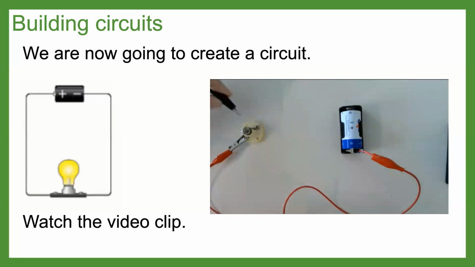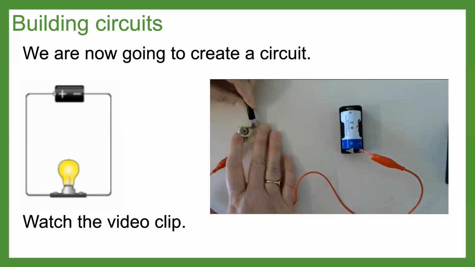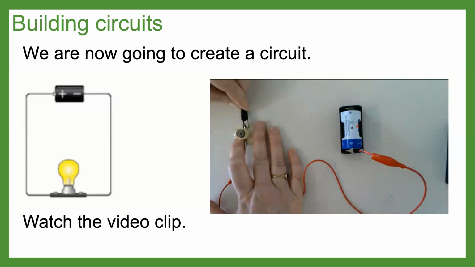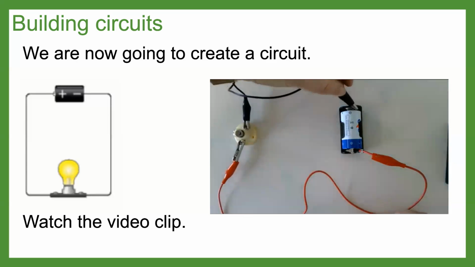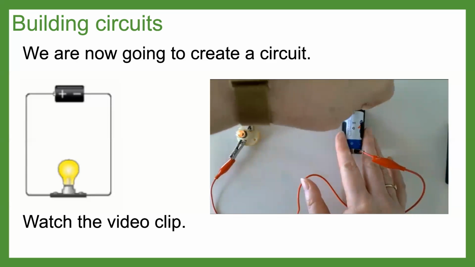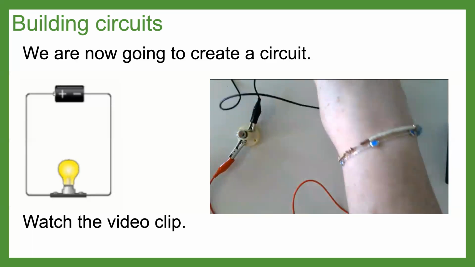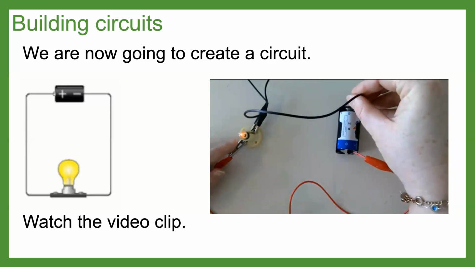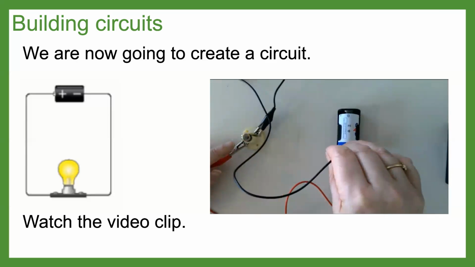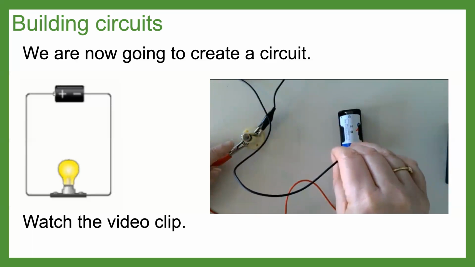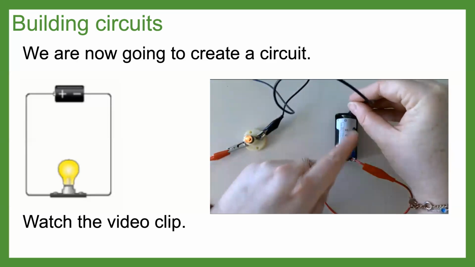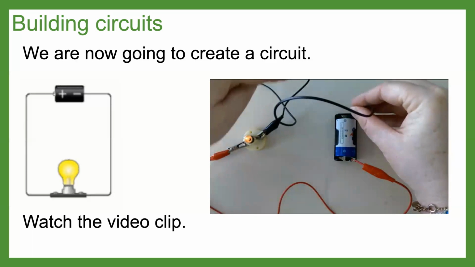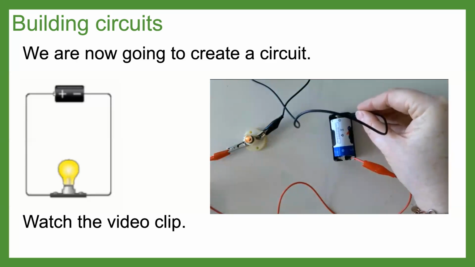We then take the second wire, attach it to the other metal part on the opposite side of the bulb holder using the crocodile clip, and then we connect the final part of that wire back to the other end of the battery, and you will see there that the bulb will light up. If we connect it to the same side of the battery, it will not work. So as you can see, I have created a circle, a circuit, which is like a circle.